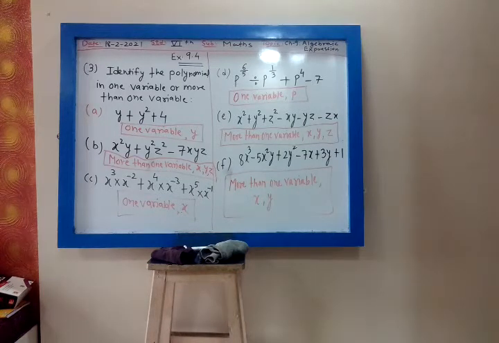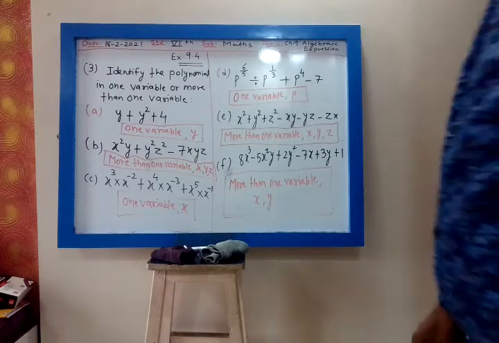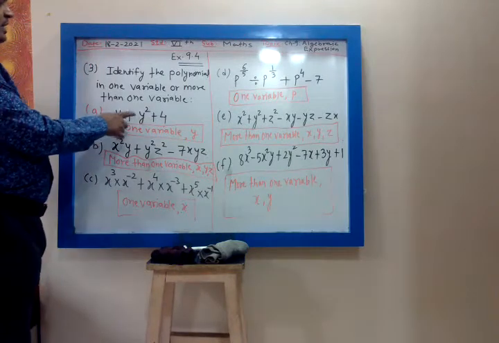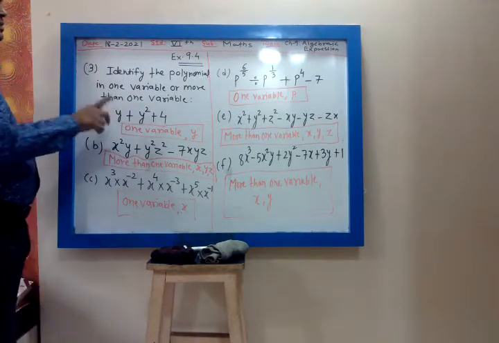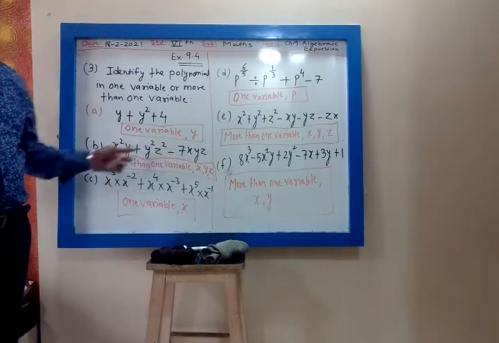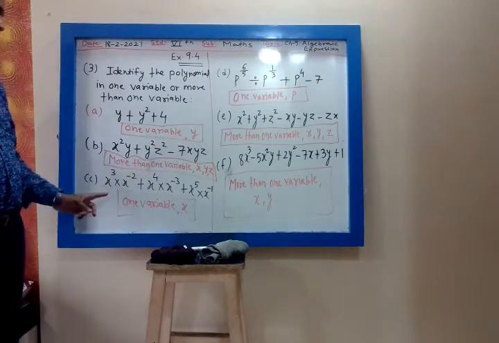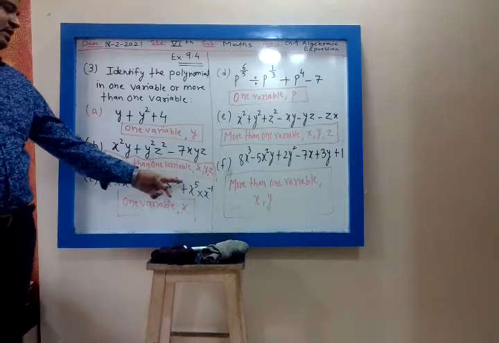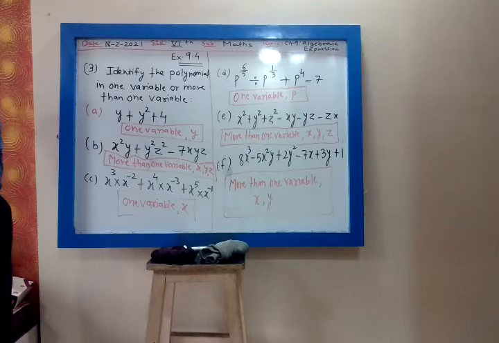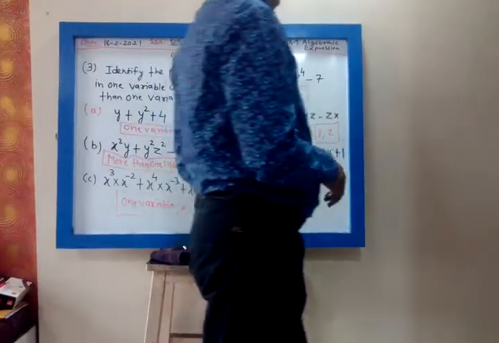So you have to see the variable. Variable means alphabet. Y square 4. Y is the variable, one variable. X, y, z, 3 variables. X. One variable x.